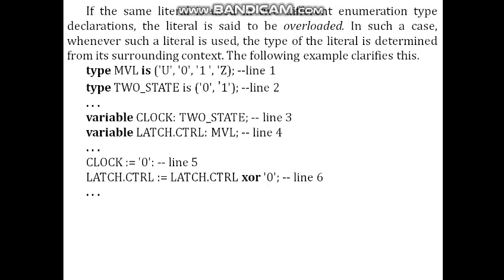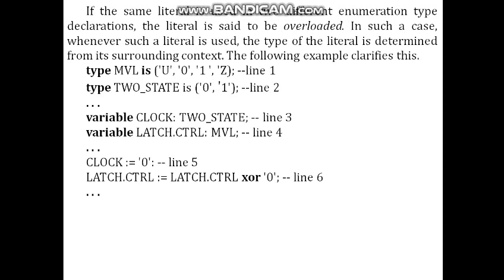The 0 in the expression for latch_control refers to the literal in the type MVL, since the first argument of the XOR operator is of type MVL. It is assumed that the XOR operator is allowed for MVL type operands, which is achieved by overloading the operator.